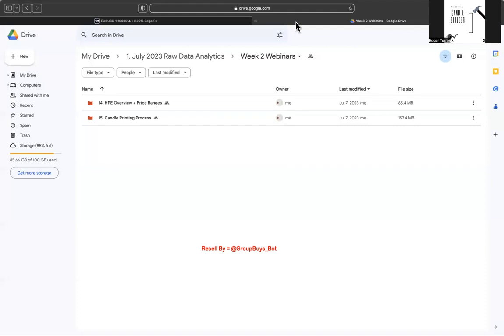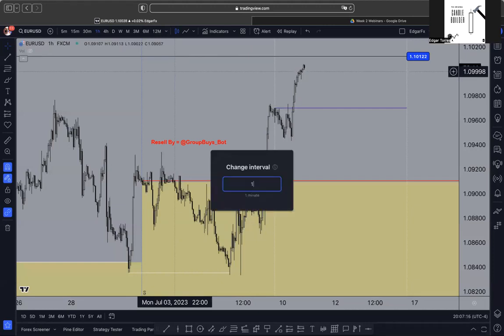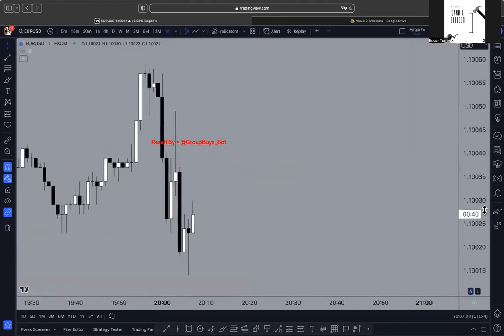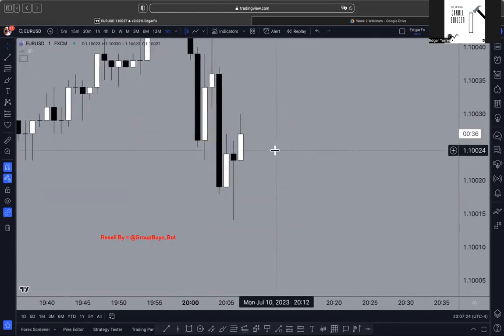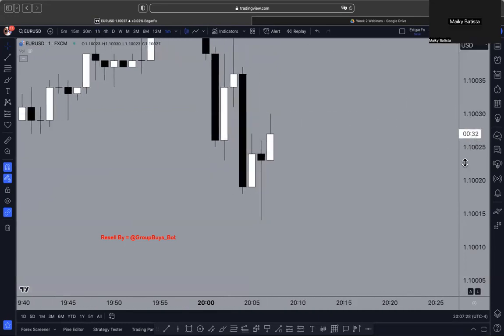So when you put your eye to the screen, a really good thing to do is go to the 1 minute chart and just watch how the candle gets from its opening price to its closing price. What I want you to really look at is the process. I want to build process-oriented thinking around trading.